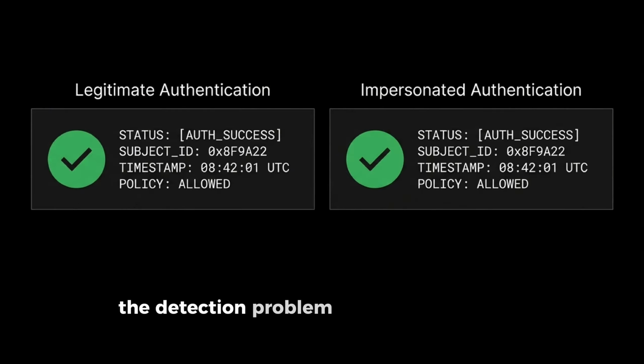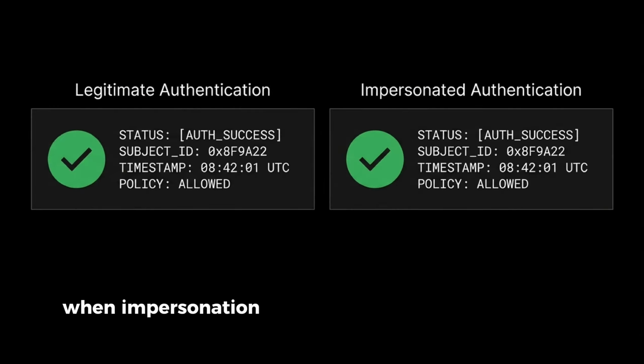The detection problem with impersonation is more fundamental than with most attacks because successful impersonation does not leave a trace of failure. When an attacker brute forces a password, there are failed authentication attempts before the success. When malware exfiltrates data, there is anomalous outbound traffic. When someone tries to access a resource they are not authorized for, there is an access denied event in the log.